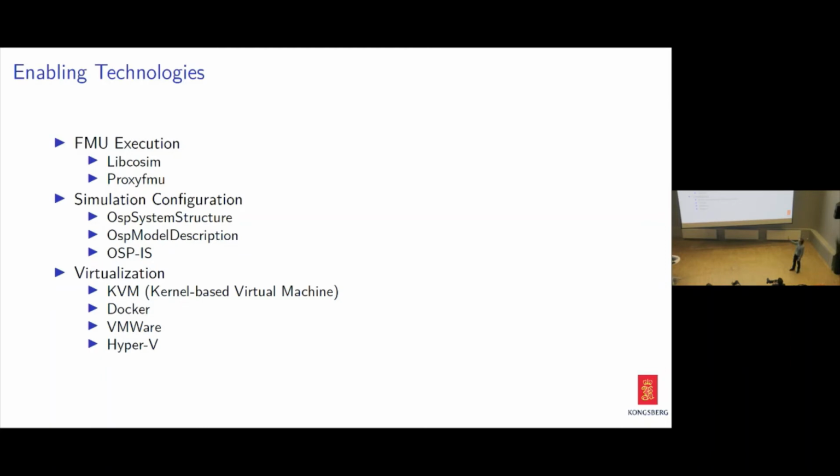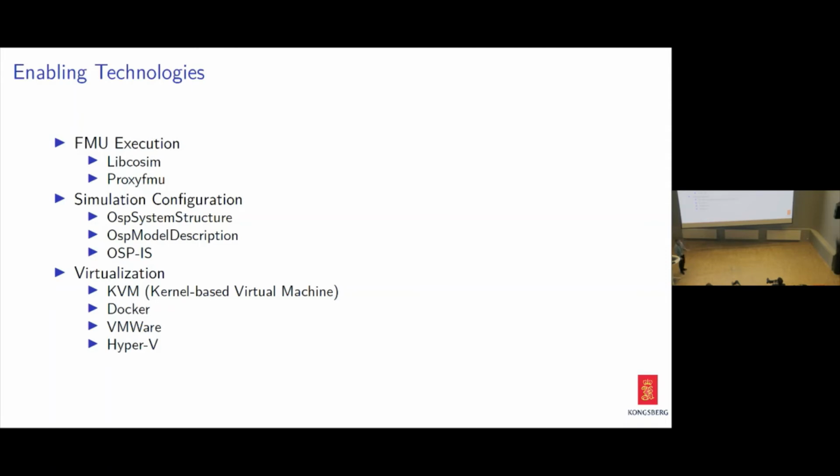You have configuration options through the OSP system structure file that tells you how your simulation is supposed to look. You have a model description extension and the interface specification that allows you to simplify interfaces, making it easier to connect your FMUs. We will see some hands-on approaches, or you will get a hands-on approach to some of these things in the workshop later today.